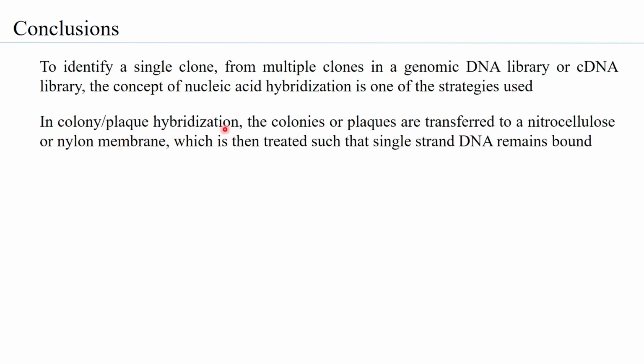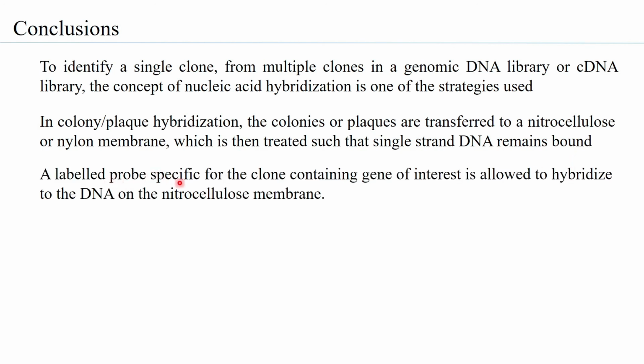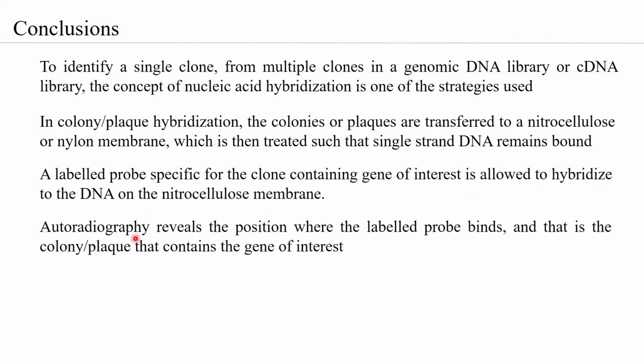In colony or plaque hybridization, the colonies or plaques are transferred to a nitrocellulose or nylon membrane, which is then treated such that single-stranded DNA remains bound to the membrane. A labeled probe specific for the clone containing the gene of interest is allowed to hybridize to the DNA on the nitrocellulose membrane. Autoradiography reveals the position where the labeled probe binds.